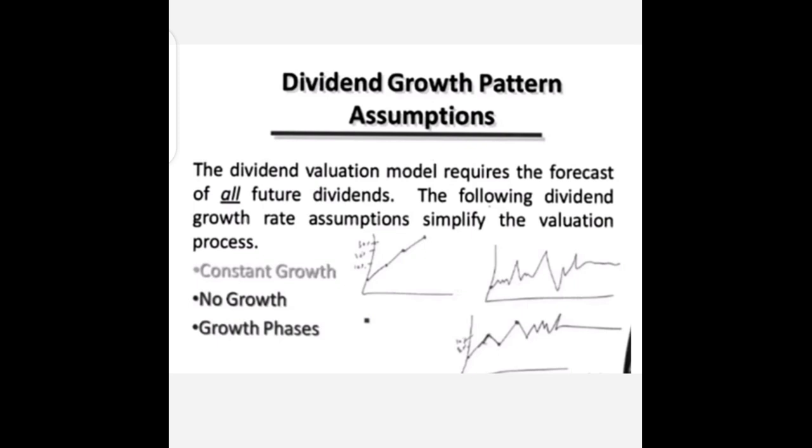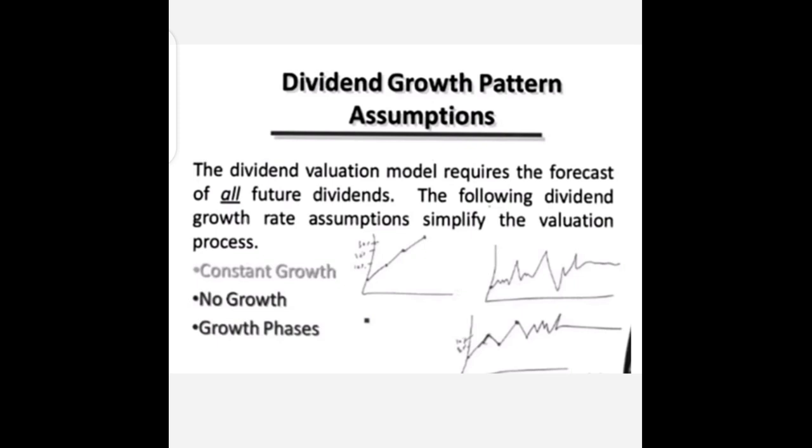Here you see first the constant growth model's graph, at about 10%, 13% and 16%. It is increasing with constant growth. Then we have the no growth graph, which initially increases, then decreases, then increases, so there seems to be no growth.